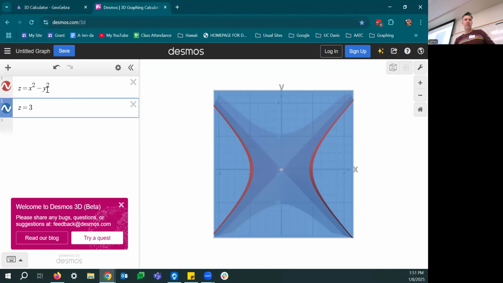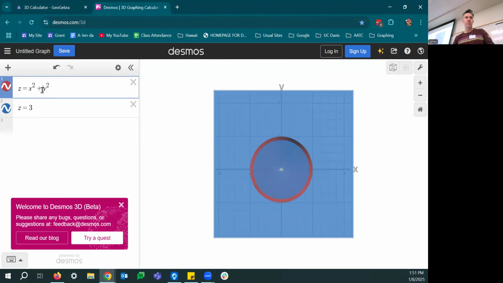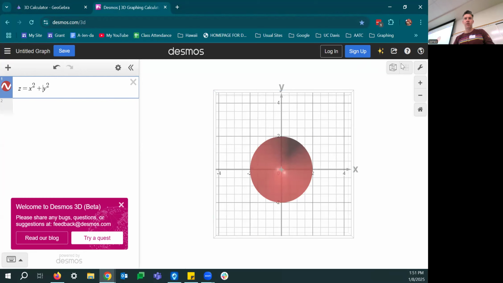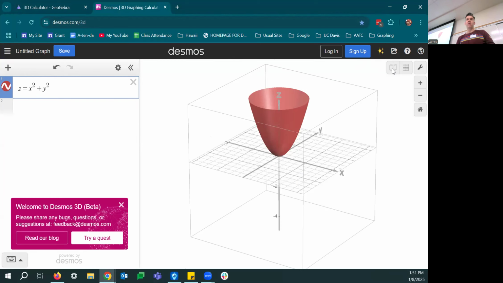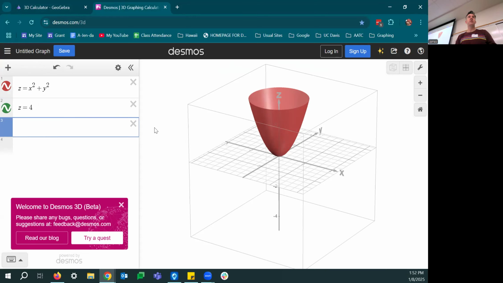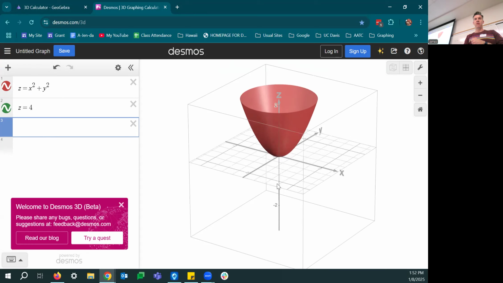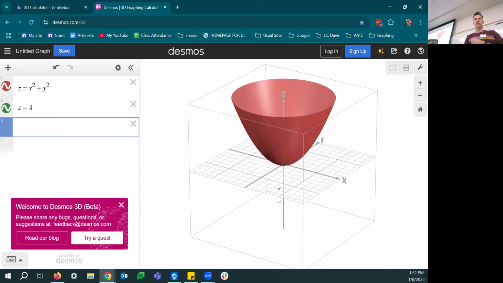So if we were to graph z equal to x squared plus y squared, and then close this for a second, go back to this view here. There's our upward opening standard parabola. And then if we intersect it with z equal to 4, it's too high. That's why it isn't showing up, because we're not zoomed out enough, I assume.